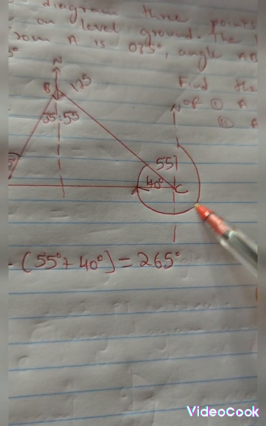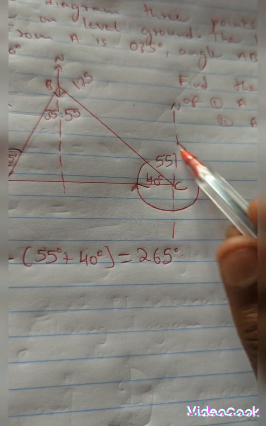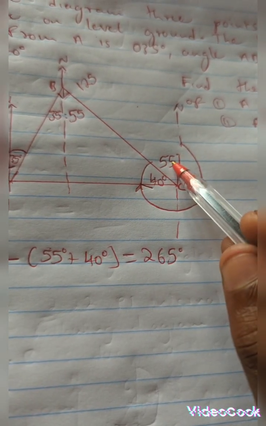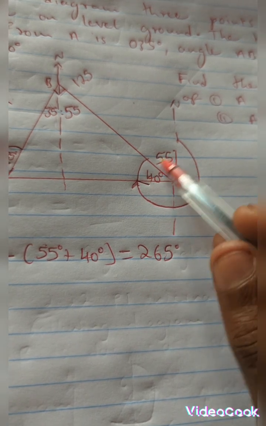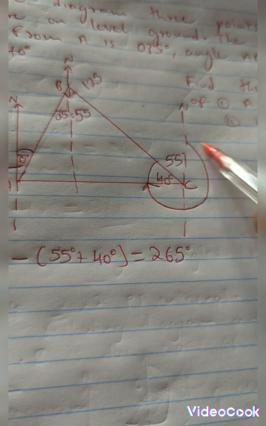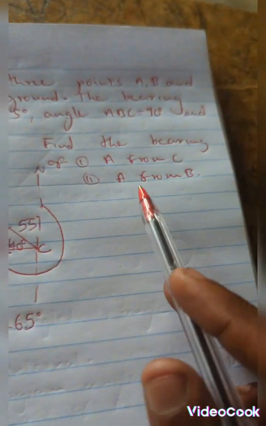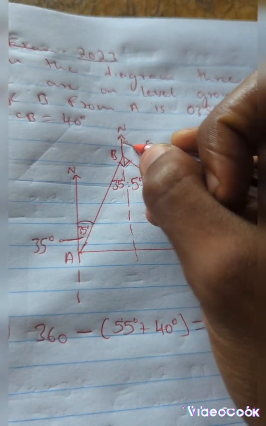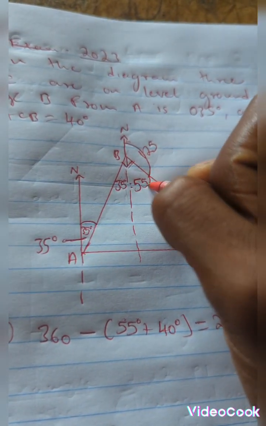Where it's starting from and where it's ending is 55, where it's starting from and where it's ending is 40, so we're going to subtract from 360 because we have said the circle adds up to 360. Come to the second one, A from B. A, we're coming from B, so we're coming from B a clockwise direction.